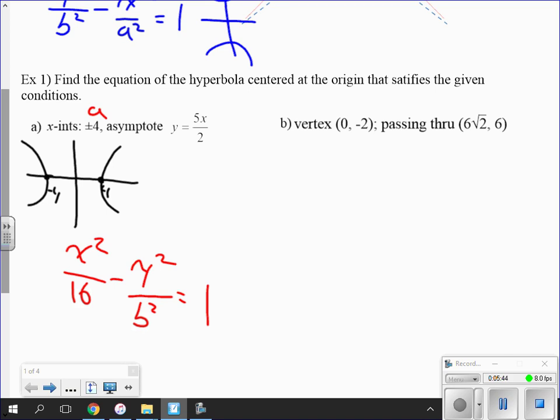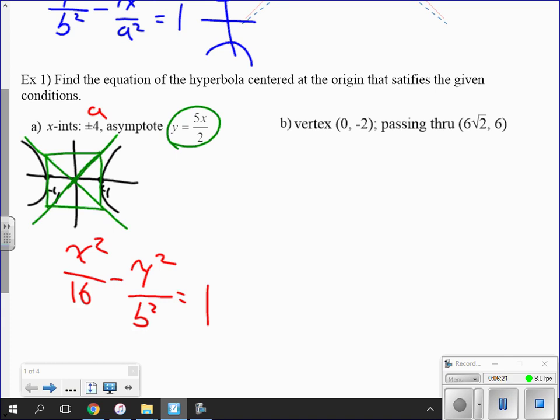Okay. So, how do we figure out what our b is? This is where it gets interesting. Remember, we have a box, and our asymptotes are the diagonals through there. That's our graphing situation. One of our lines for an asymptote is y equals 5x over 2, which is actually this line here.